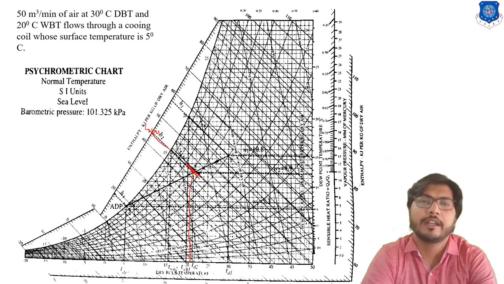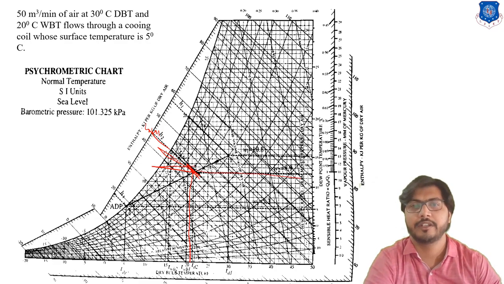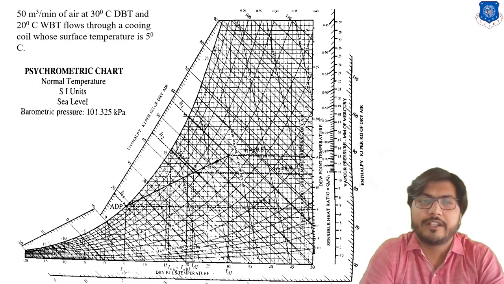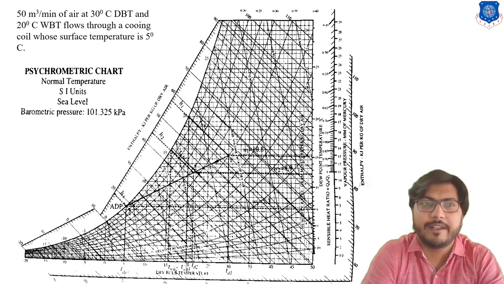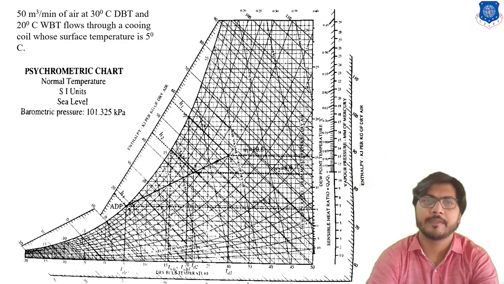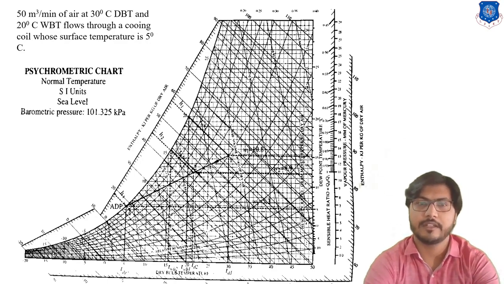We also calculate the wet bulb temperature and the humidity of the entering air, that is W2. So according to this psychrometric chart, we can find all the parameters without any calculation. Okay, I hope you understand this chart. Thank you so much.